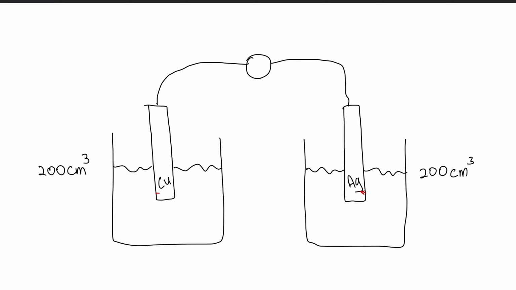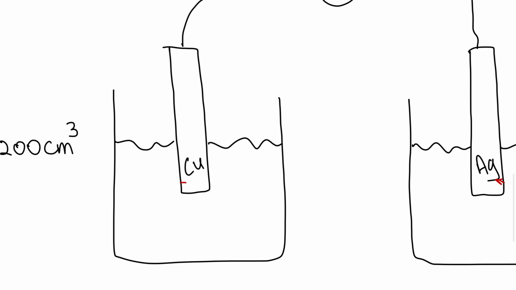On the right, we have a silver half cell. Now we know that copper is being oxidized, so we are going to have Cu2+ ions going into solution. Since the volume is the same and the number of moles is increasing, the concentration of this solution is going to increase.